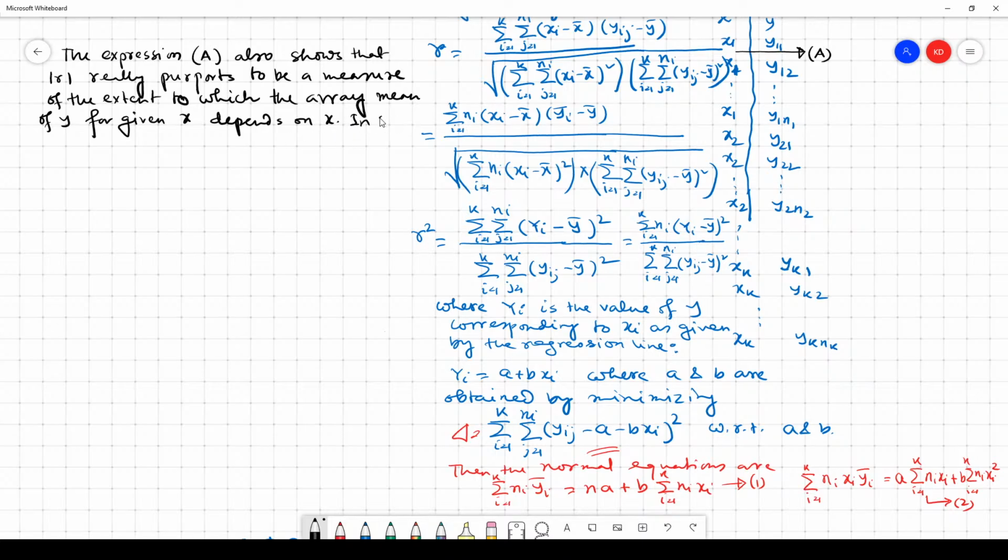In case the regression is linear, that is, in case Yi equal to small yi bar for each i, mod R achieves this purpose.